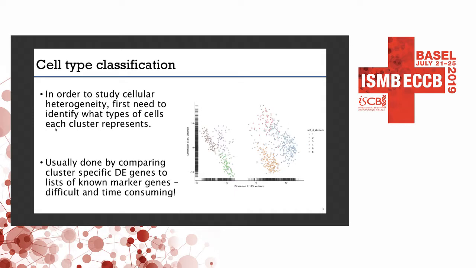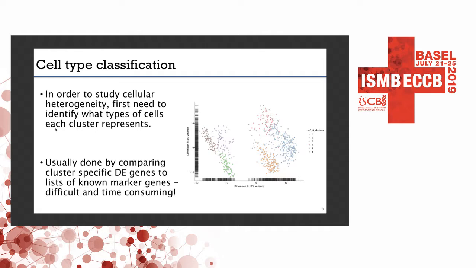We talk a lot about getting these clusters and visualizing them, but we don't necessarily know what type of cells these are. If we want to study cellular heterogeneity, we need to say, okay, this is a group of T cells, but this group over here maybe looks like a combination of some type of cells, and we want to say it's a new type. We need to know what else is already there. The way this is usually done is super time-consuming and difficult.